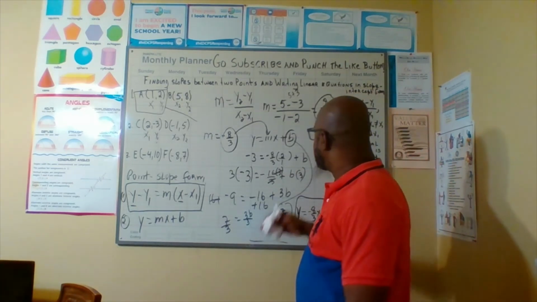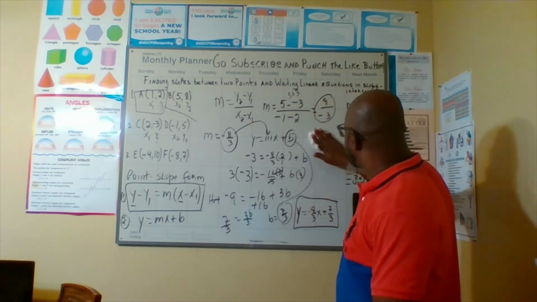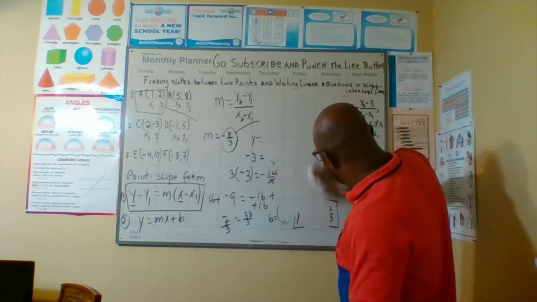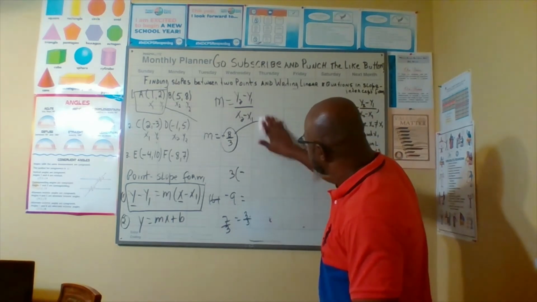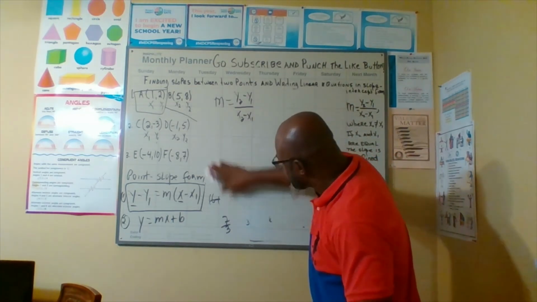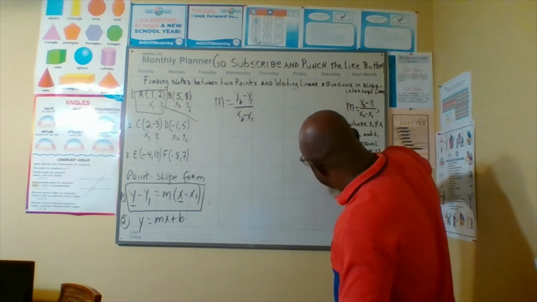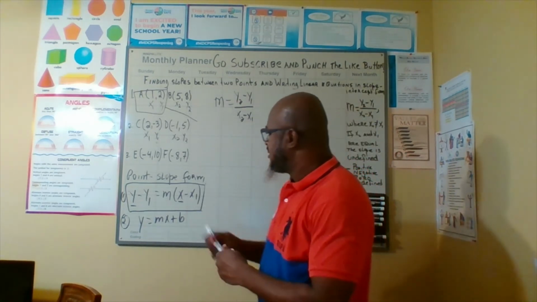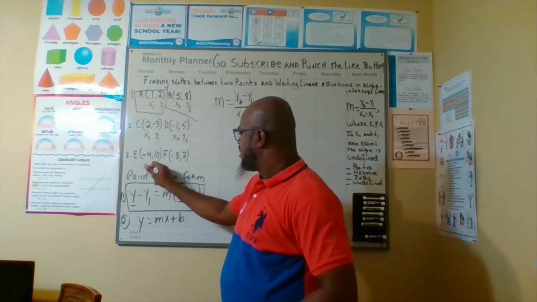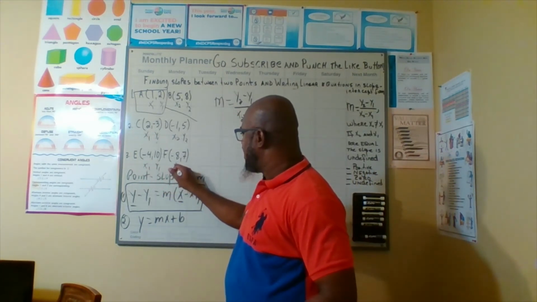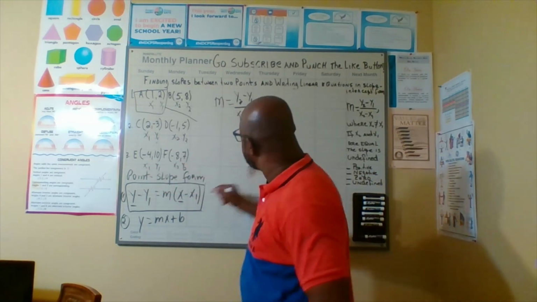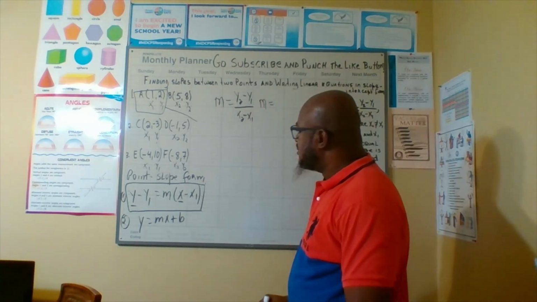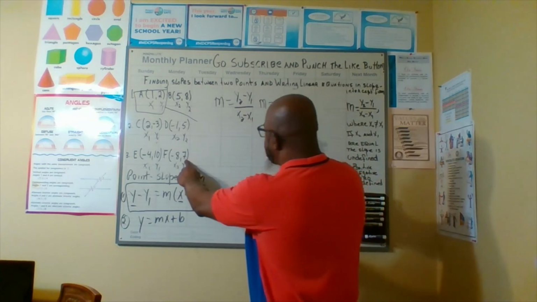Once again, I keep my formula out. So here, this is my x1, y1, x2, y2. And I'm going to calculate my slope. M is equal to, all right, this is my y2, 7, minus my y1, 10, over negative 8, minus negative 4.